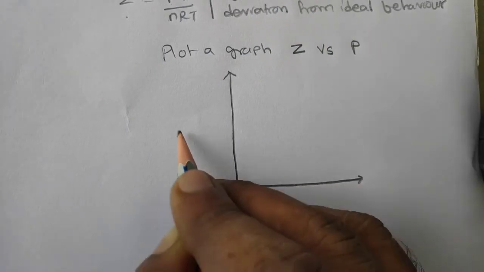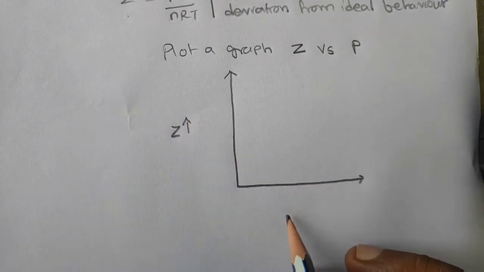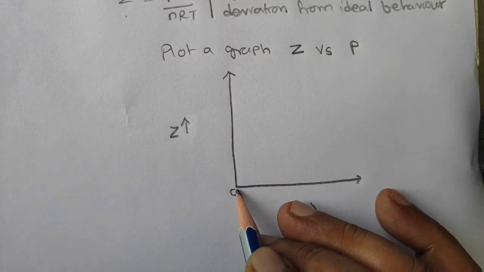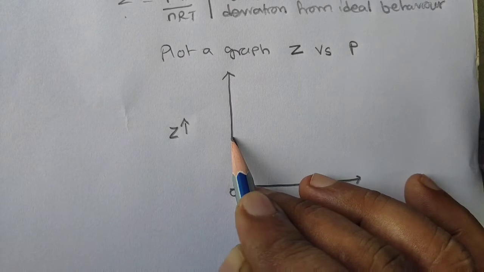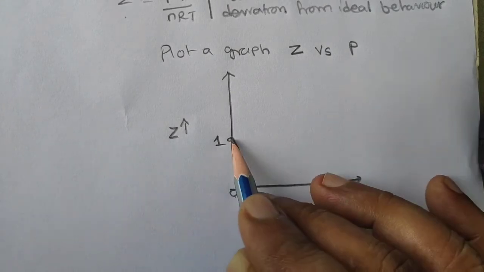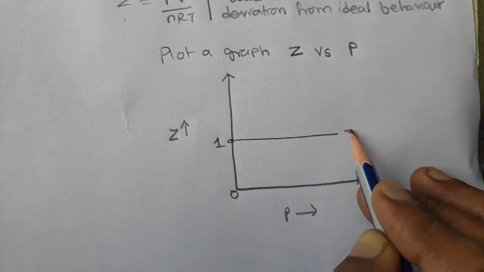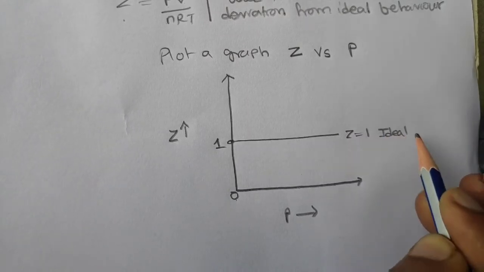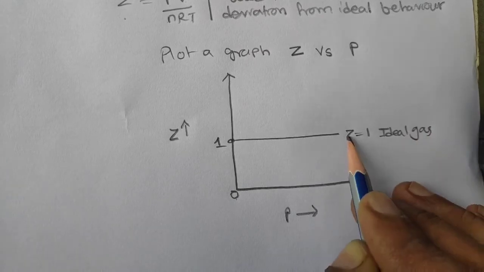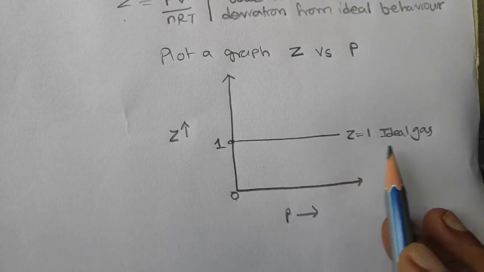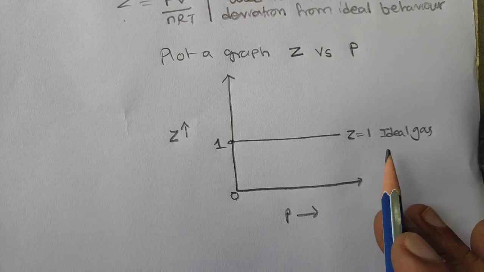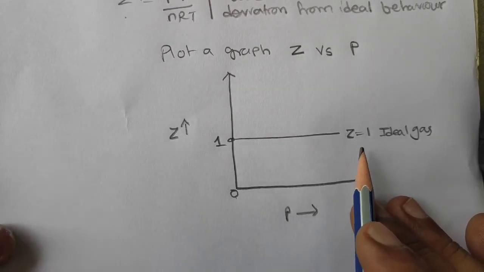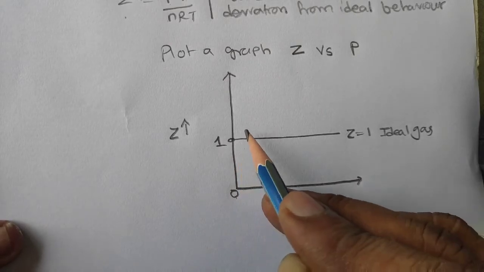On this axis you can take Z, and on this axis we will take pressure. We will start from here. The value of Z equal to 0 here, and here we will take the value of Z as 1. When Z is equal to 1, this is the compressibility factor of an ideal gas. Clear?